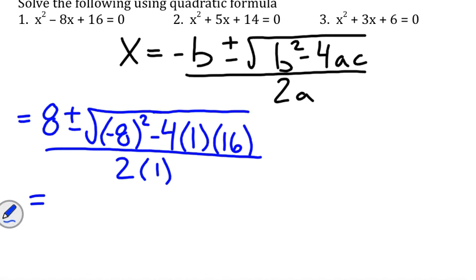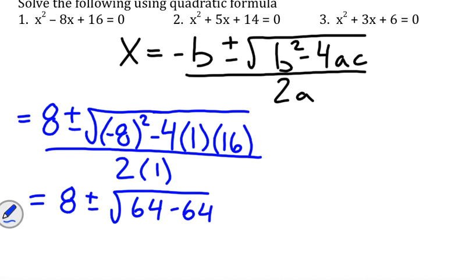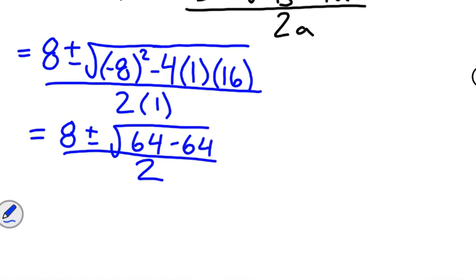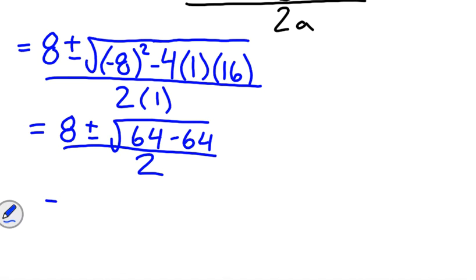So we're going to get, sorry, not negative 8, we're going to get positive 8 plus or minus the square root of 64 minus 64, over 2. Now that 64 minus 64 is going to become 0, so this is going to become 8 over 2, which is just 4. So x equals 4.